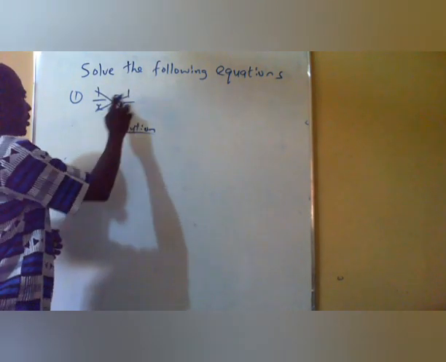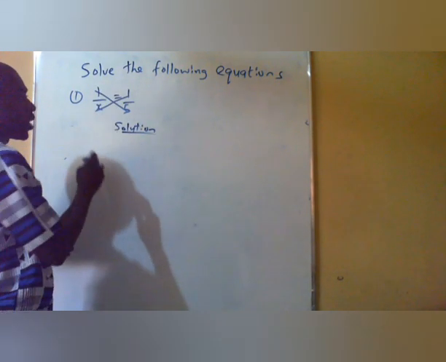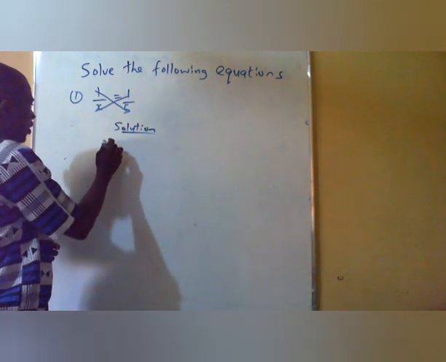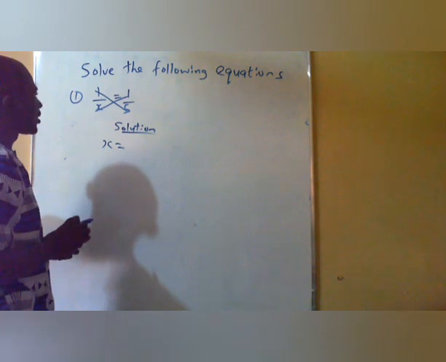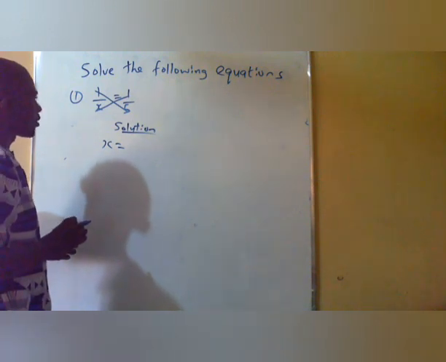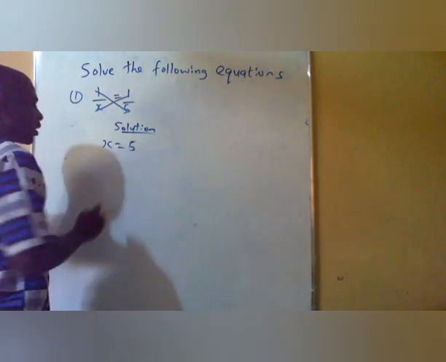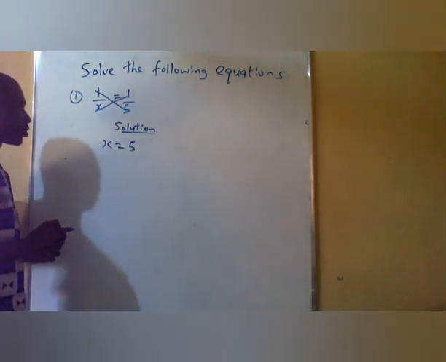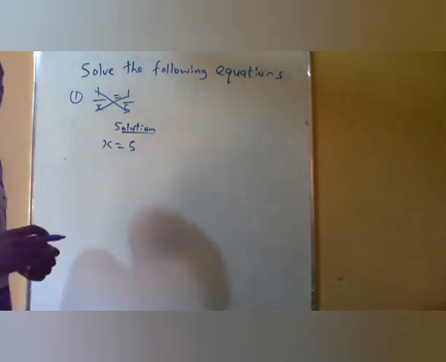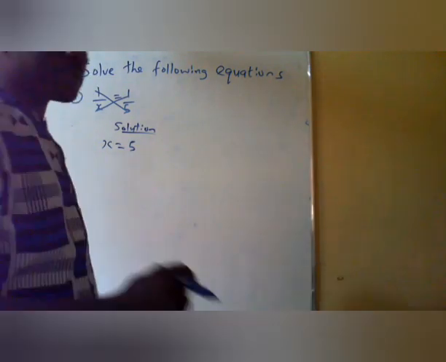So 1 times x, or x times 1, gives us x. Then 1 times 5 is what? 5. Now this is the answer to the first question. So now let's move on to the next question.